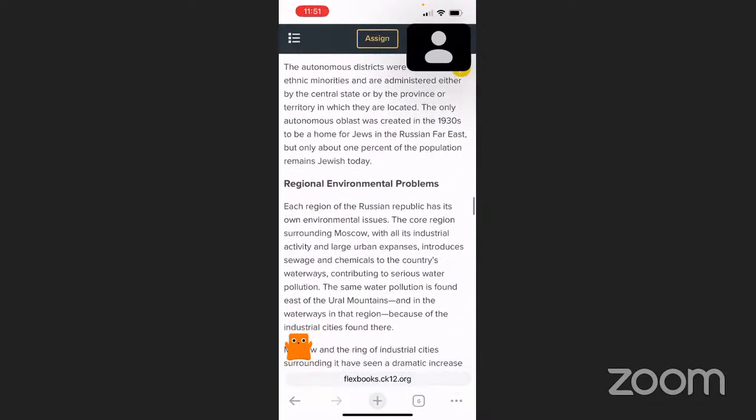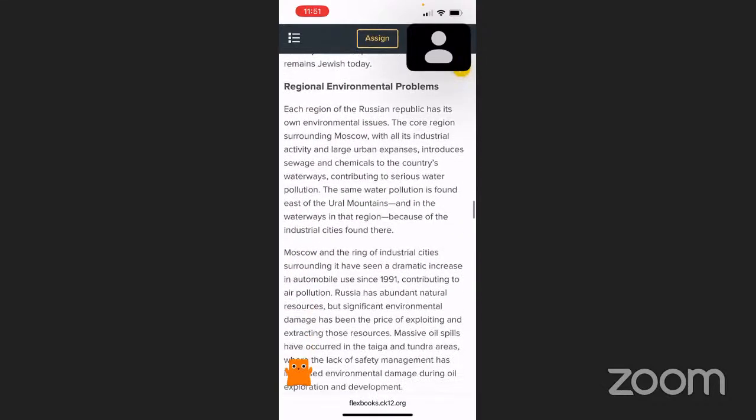Okay, so this is some regional material we can go through. Can you read this? Almost done. Each region of the Russian Republic has its own environmental issue.